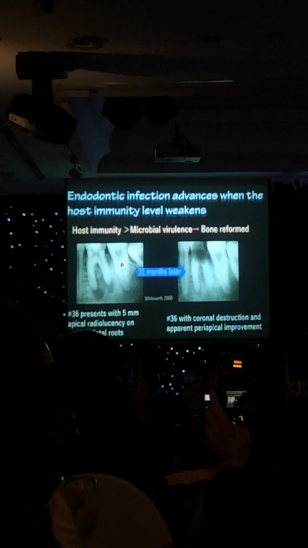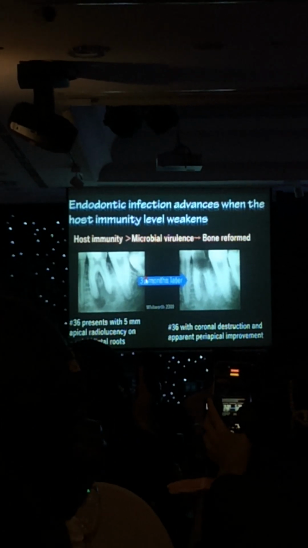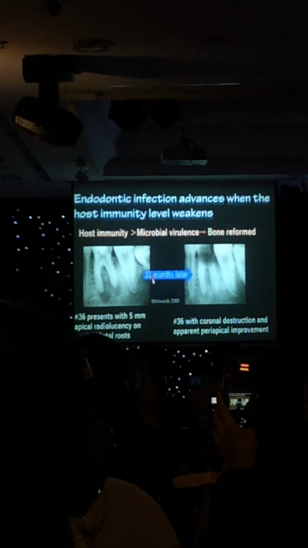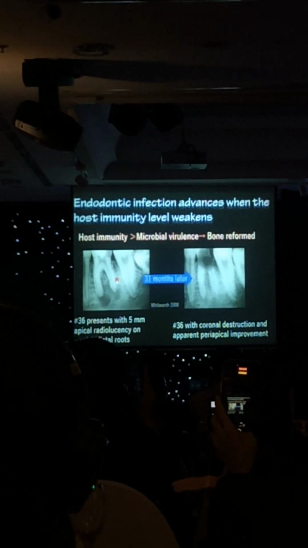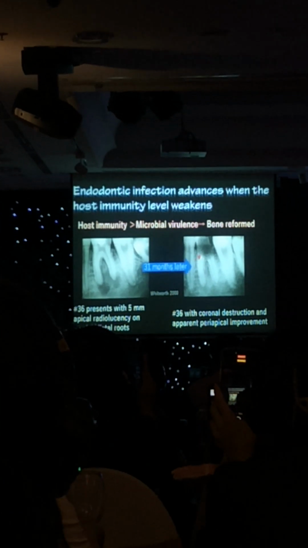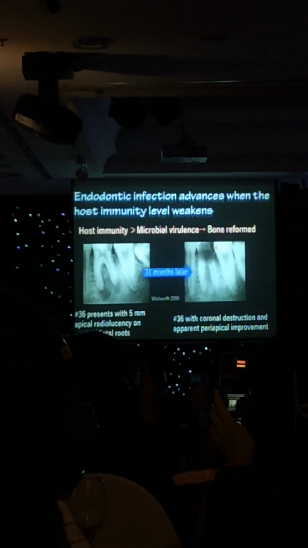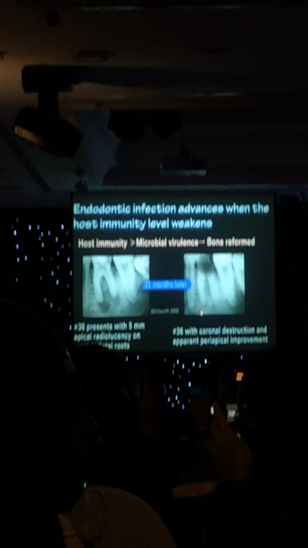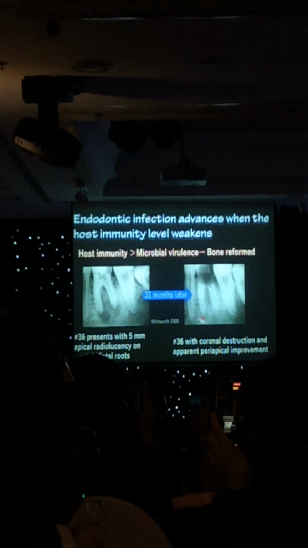However, she didn't come to the dentist to be treated, but she came back 30 months after this. And you see, if you took a radiograph, you see a big coronal caries region. However, there is no apical region.